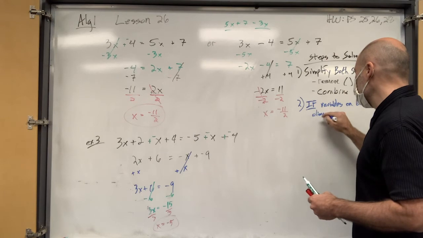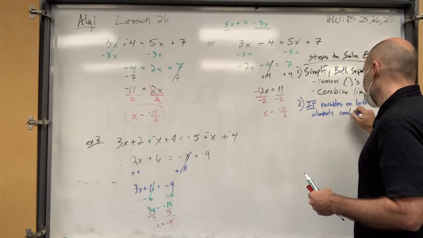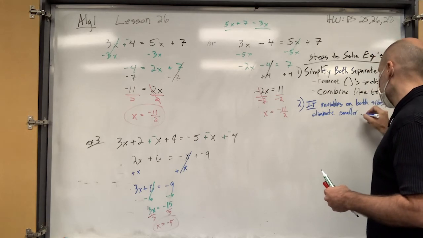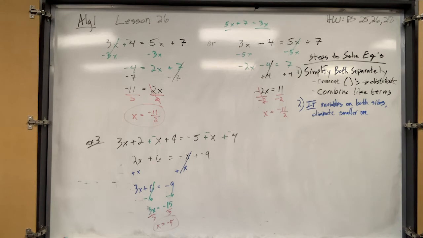It doesn't have to be the smaller one, but if you're going to write something down, write the smaller one. Okay, and to get rid of a complete term, you're either going to add or you're going to subtract. You're not going to divide to get rid of a variable term, or you're not going to multiply. You're going to add or subtract. So write that in parentheses, add or subtract.